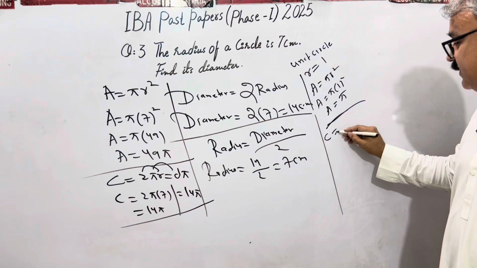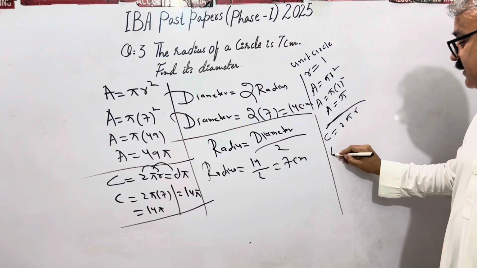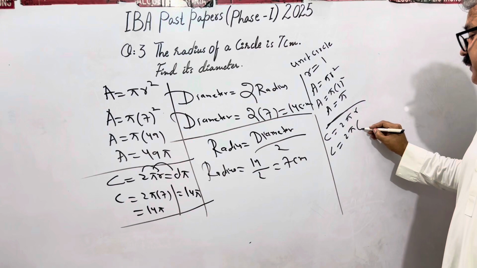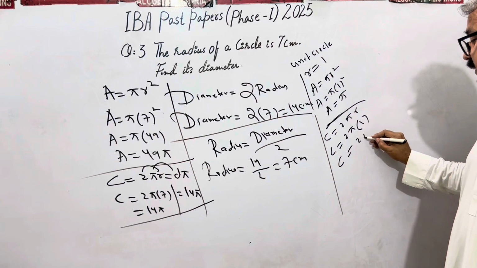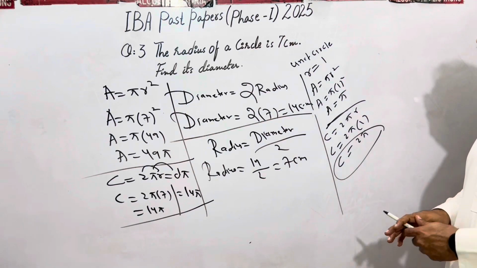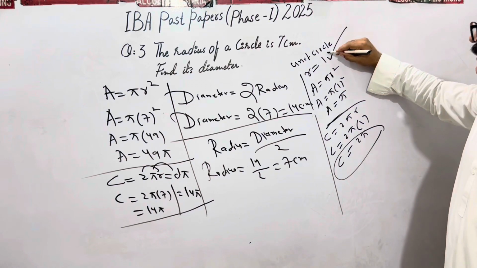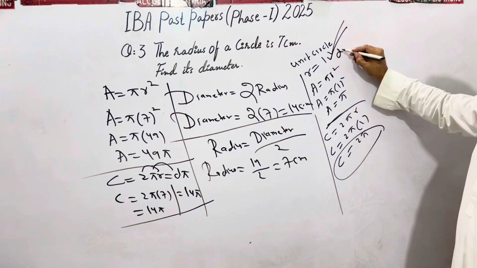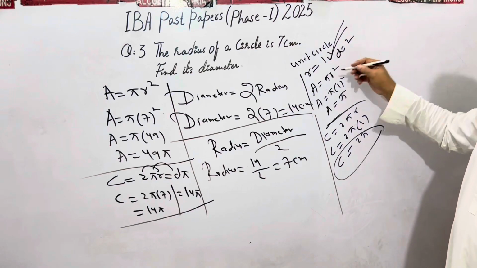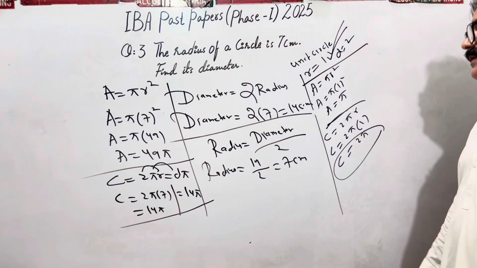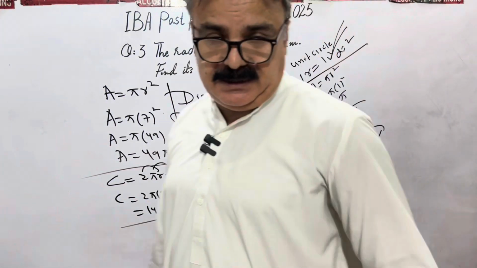What about its circumference? 2 pi r, so 2 times pi times 1. The circumference of a unit circle is 2 pi. Area is only pi. Unit circle means radius 1, and diameter is equal to 2, because diameter is double the radius.